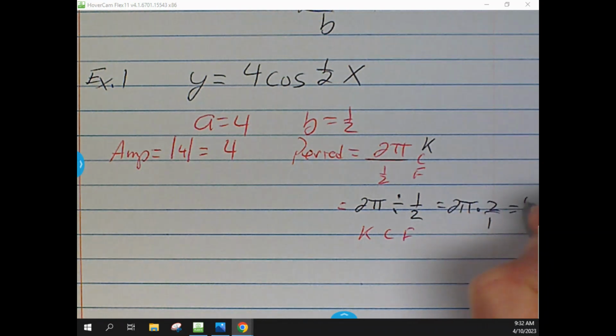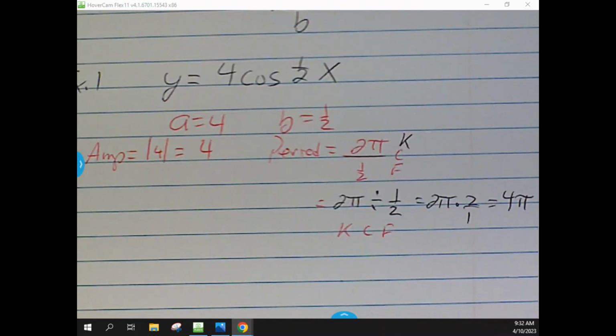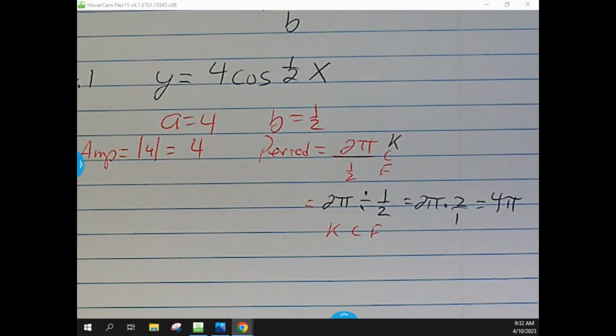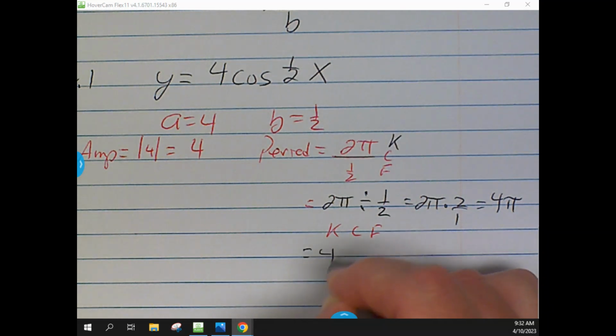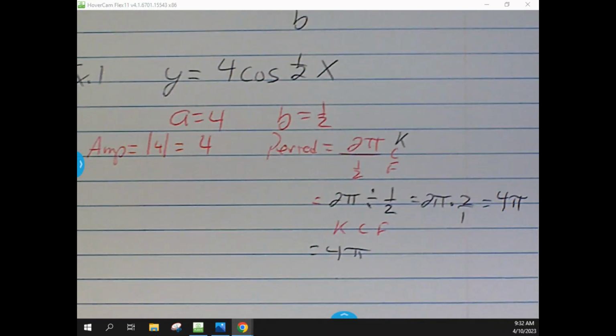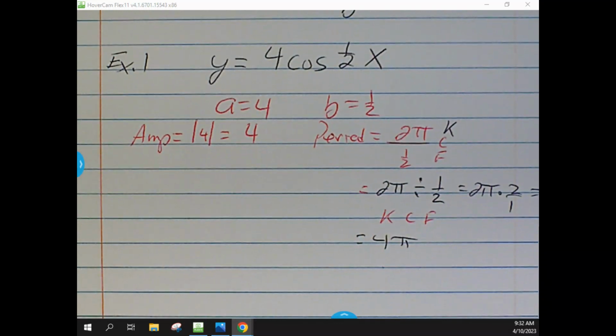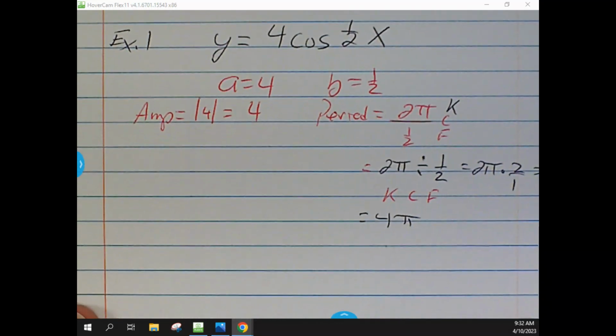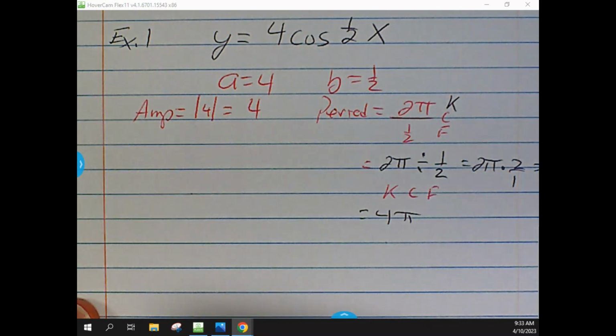So that is 4 pi. Okay, so our amplitude is 4. In this case, our period winds up being 4 pi.